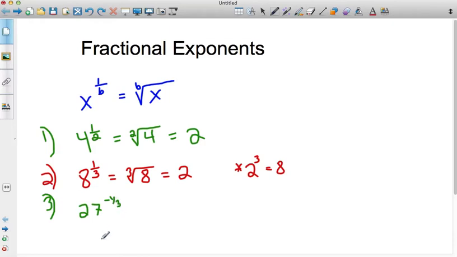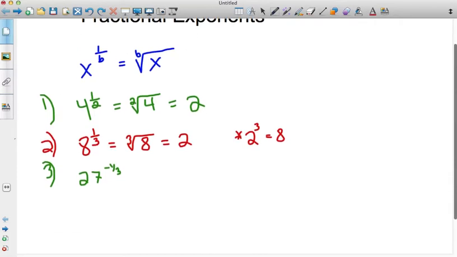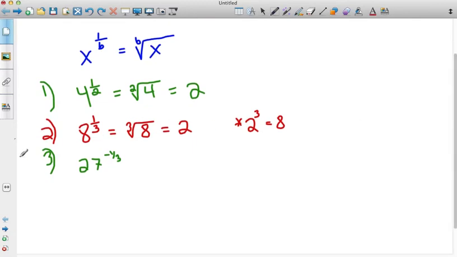We're going to be combining a few of the rules that we've already learned, specifically the negative rule. Let's start first with the negative exponent rules. We know if there's an exponent that's negative, it flips it into a fraction. So I write it first as a fraction. I have 1 over 27 to the now positive 1/3.